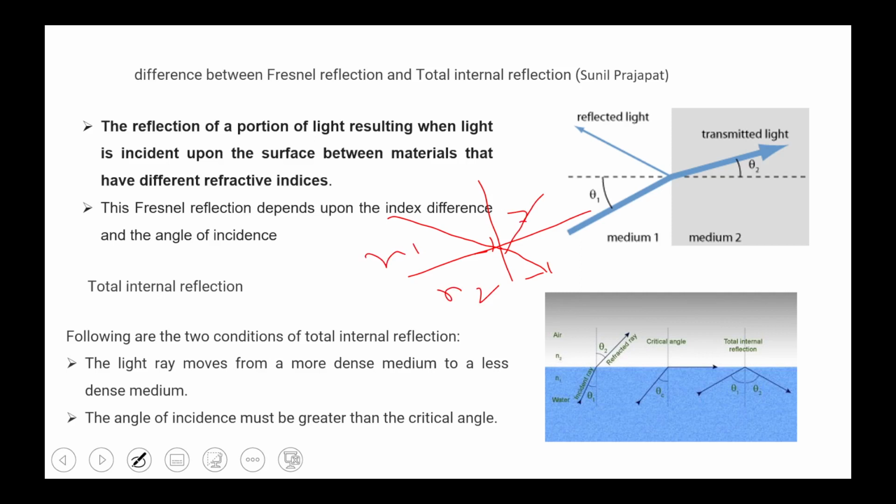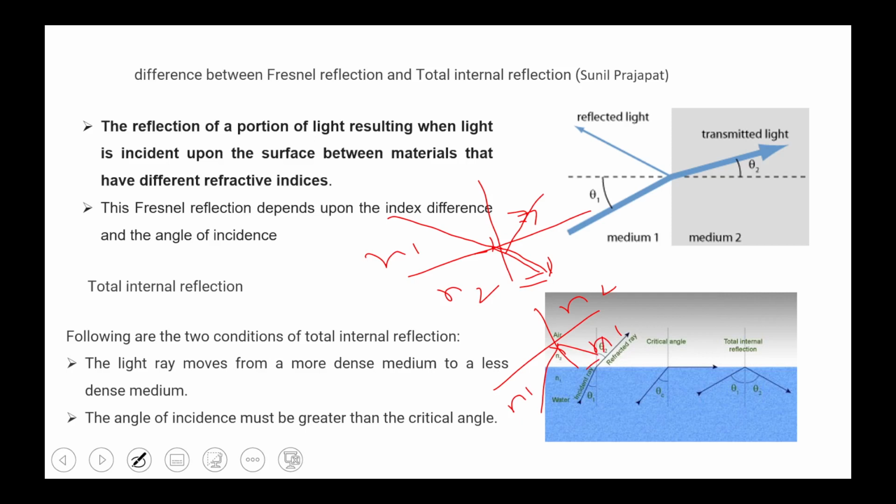So the whole light will not be transmitted through that medium, but some part will be reflected. So there will be some loss during that frontal reflection. In total internal reflection, the light ray moves from one medium with refractive index n1. It will not move to n2 because sin theta c is greater than or equal to n2 by n1. So this is the difference between frontal reflection and total internal reflection.